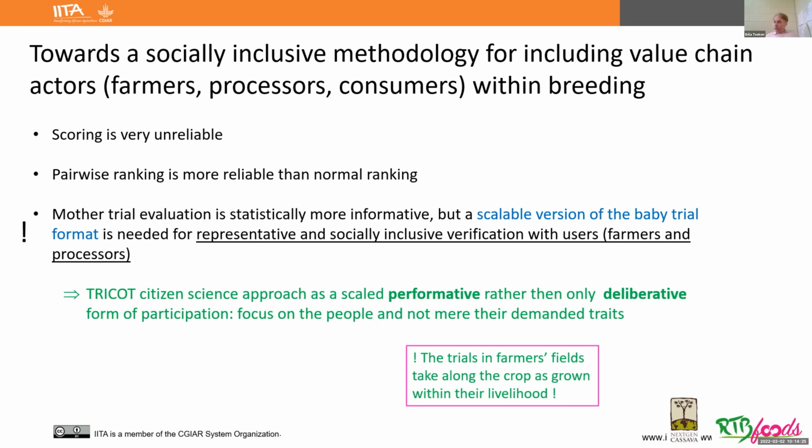So it was really a time to focus not only on what people want for demanded traits, but really to look at something in the context of a farmer. So the trials in the farmers' fields take along the crop as growing within their livelihoods. And that's what it's all about. We want to really know how relevant it is within farmers' conditions, because that's the genetic gain that you are assessing there.